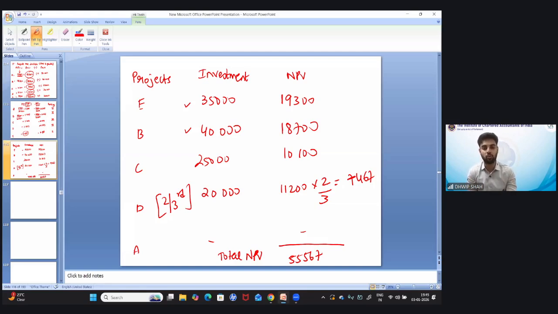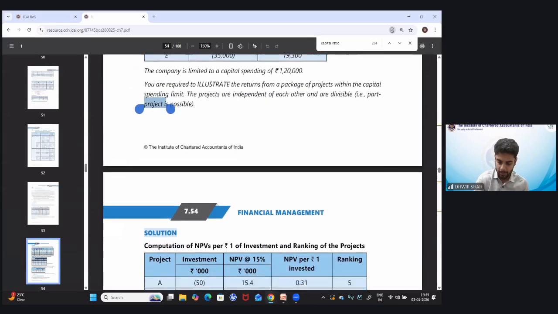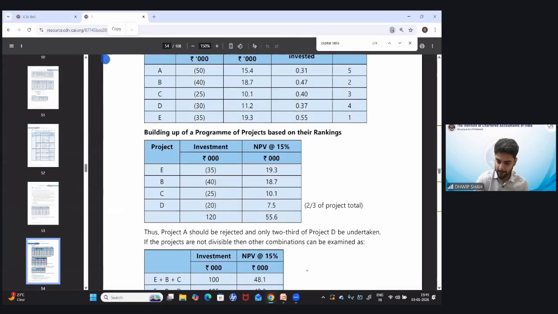NPV means in loose or easy language, total profits that I would earn in present value terms from all the projects that I have selected based on my rankings. Followed everyone. See, आ गया 55.6. 2/3 of project D. EBC पूरा लिया and project D 2/3 ही लिया.